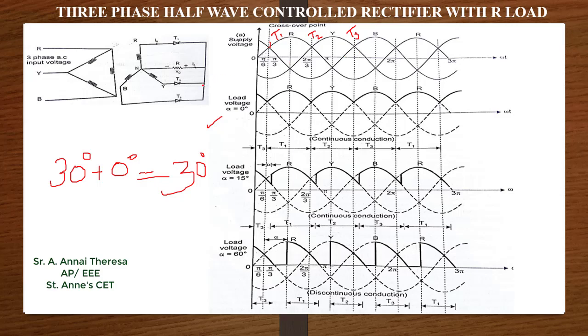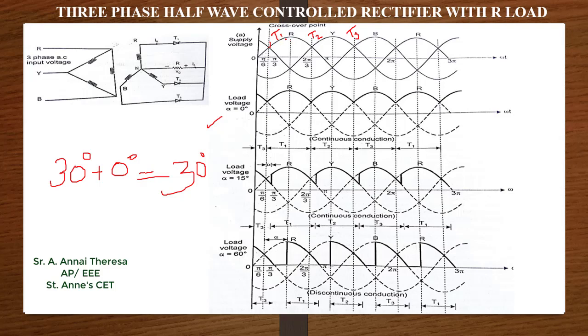Now we can see for this R load what will be the output voltage at alpha equal to 0 degree. Before that, we must know when we get the maximum voltage for the R phase.